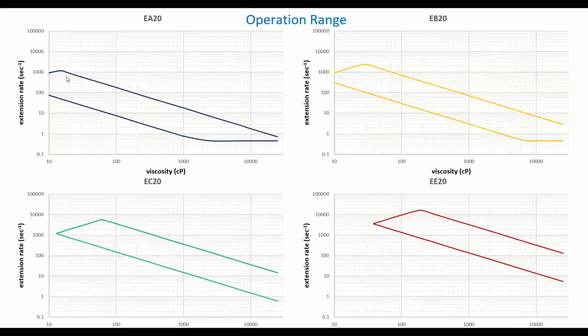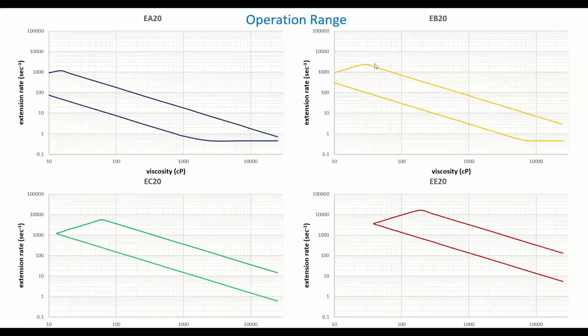One of the things you might notice, which is kind of strange and different from our plots that guide you for our standard chips, is that we have this turnover up here, because normally we would just have 2 parallel lines representing min pressure and max pressure for the chip. But now we have this odd turnover as we move down towards lower viscosity fluids. This comes from us trying to caution people: in theory, we could go to higher extensional rates.